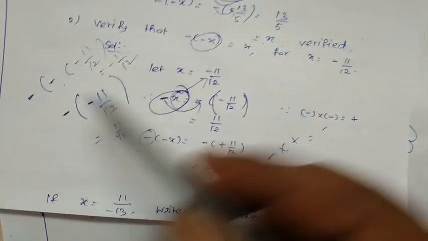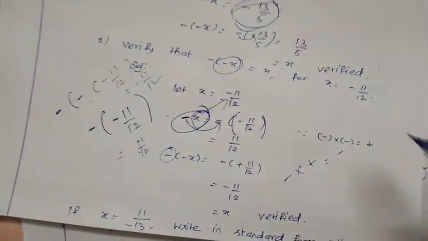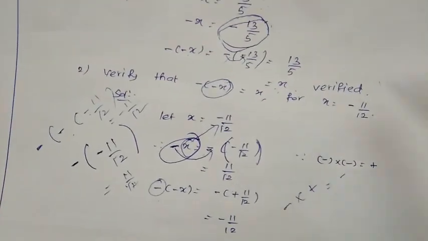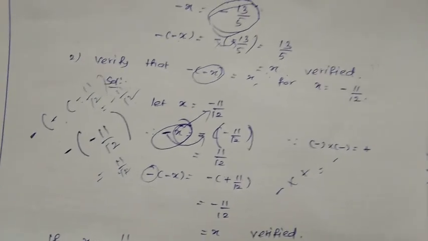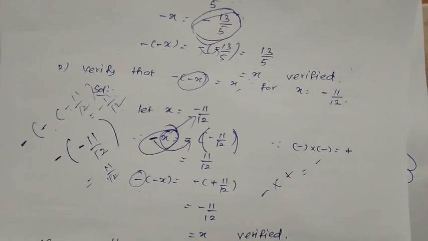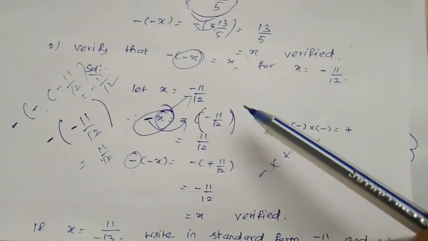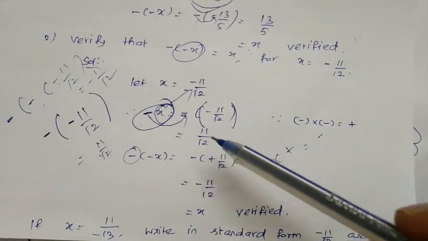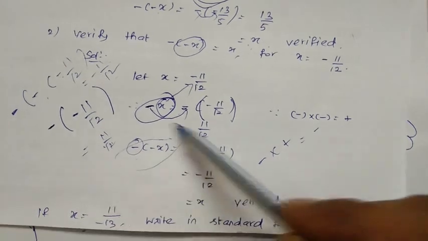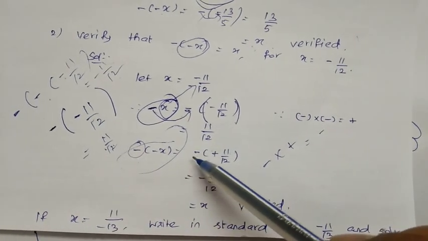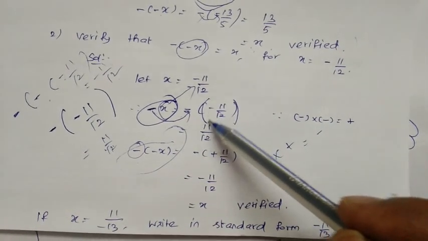So like that we need to understand, but just write first x value minus 11 by 12 given. Now find minus x value, that is minus into minus 11 by 12, so value plus 11 by 12. Now we need to write minus of minus x, this value 11 by 12.